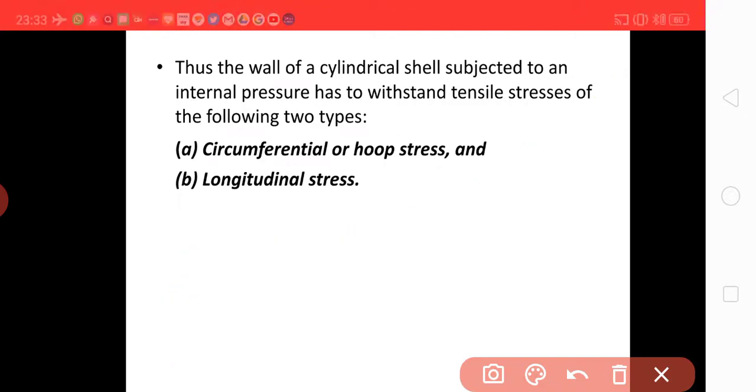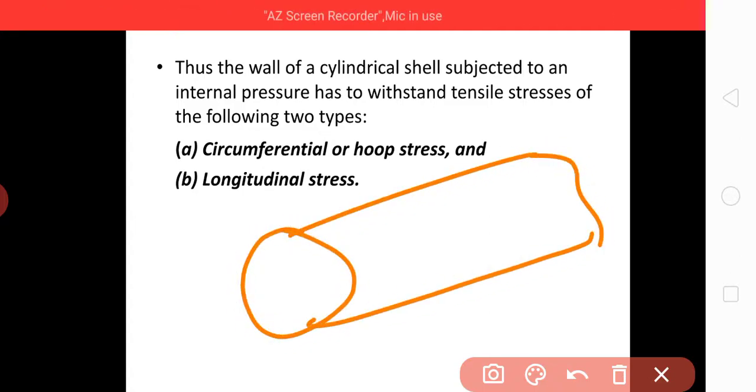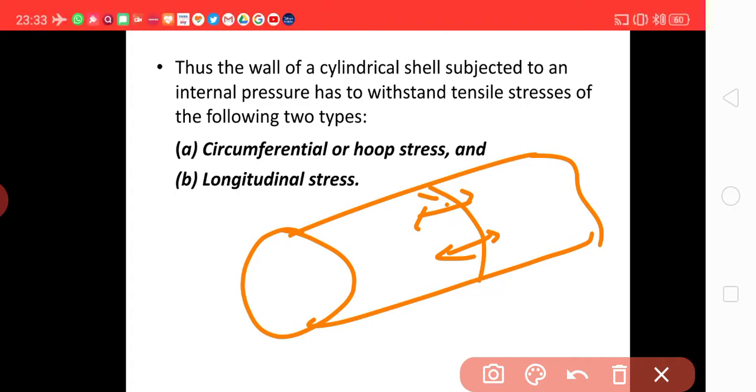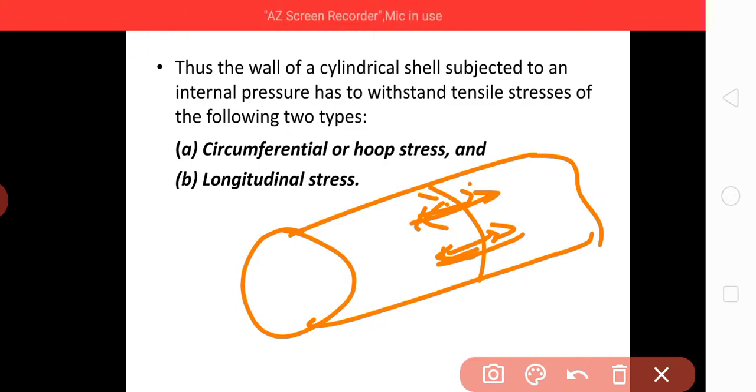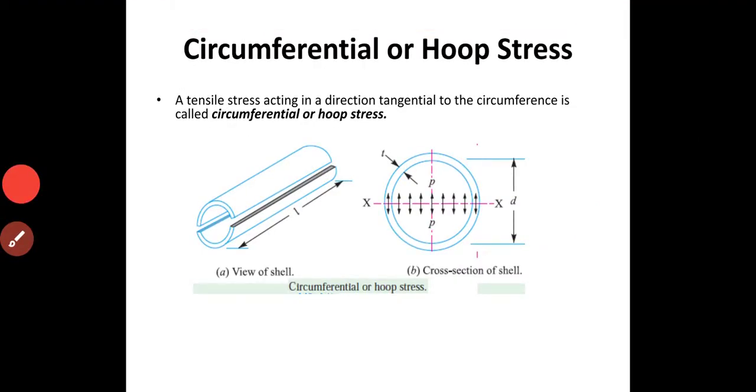In another case, if this is the cylindrical shell, it is getting stresses like this and getting separated here. Then these stresses are longitudinal, developed here, and thus called longitudinal stress.